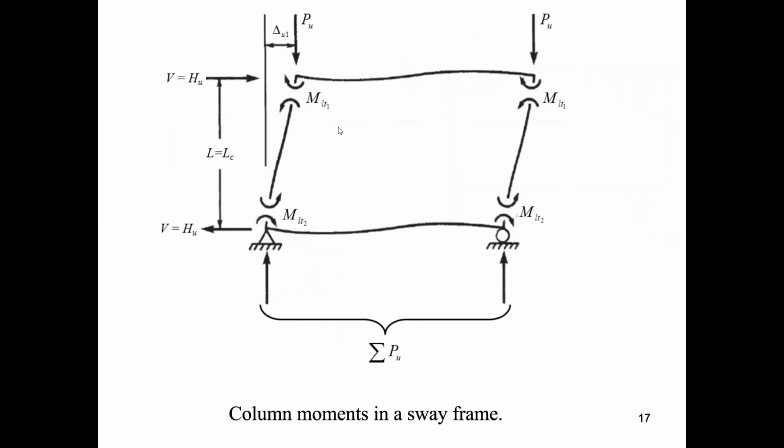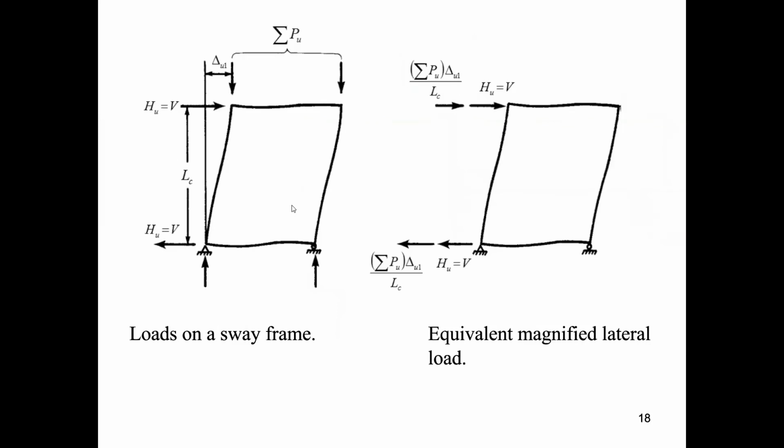This figure shows the column moments in a sway frame. Again, a sway frame is a frame whose ends can translate with respect to each other. The figure on the left side of the slide shows the loads on a sway frame, while the figure on the right side shows the equivalent magnified lateral load.